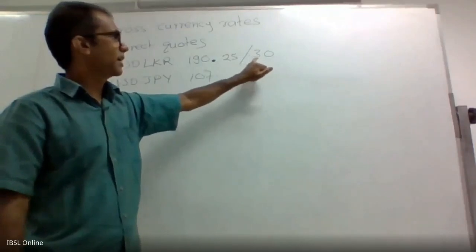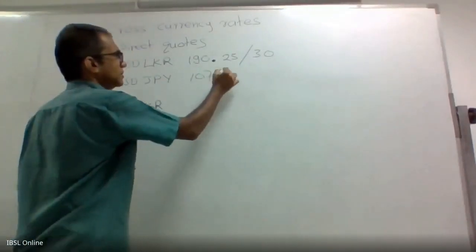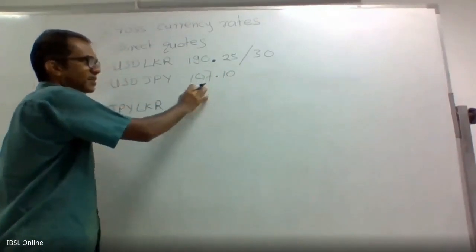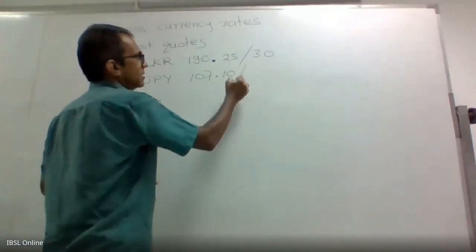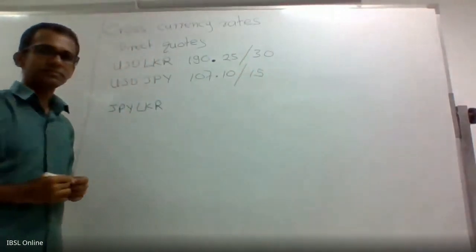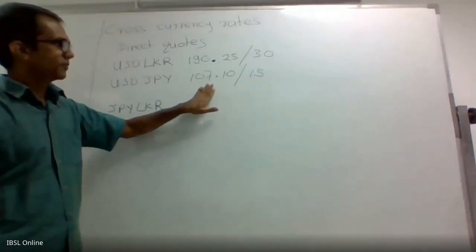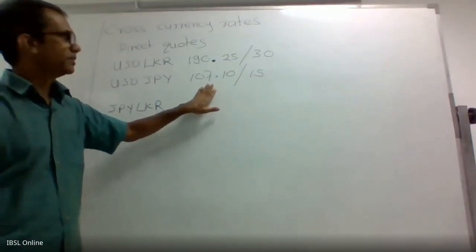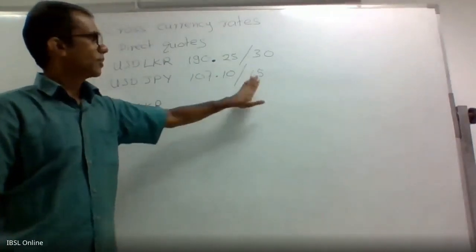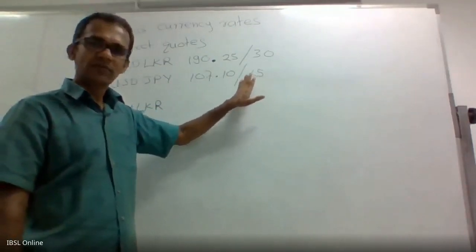Offer rate is 190.30. For the dollar yen 107.10/15. Bid of the dollar yen is 107.10. Offer of the dollar yen is 107.15.